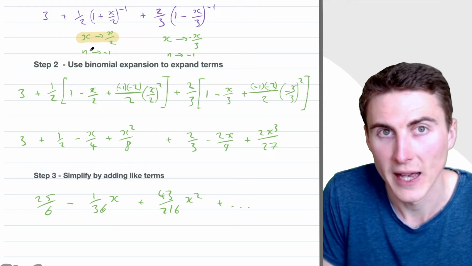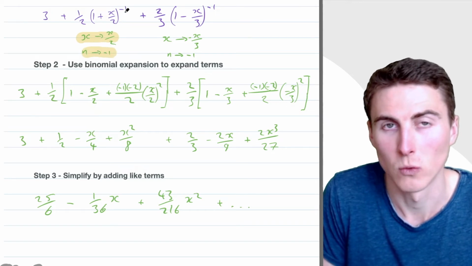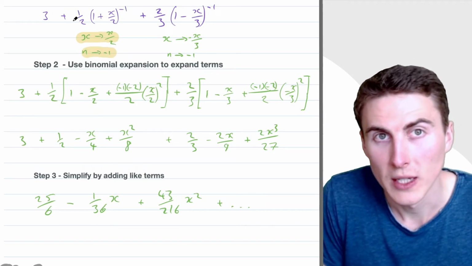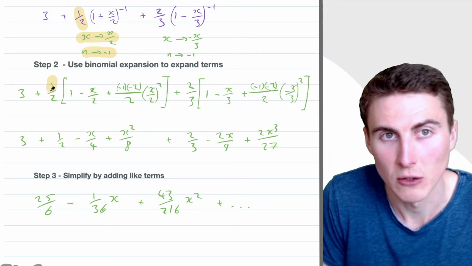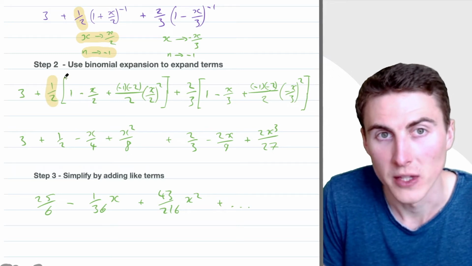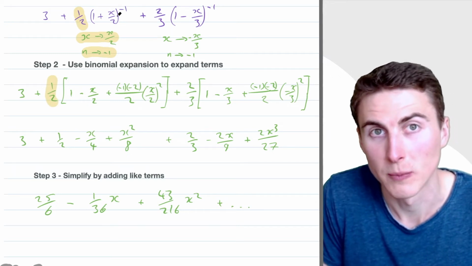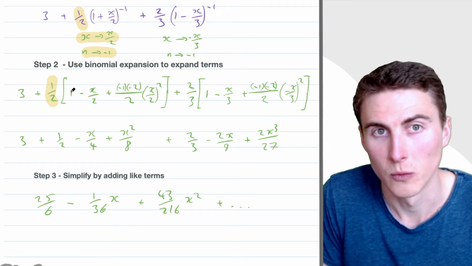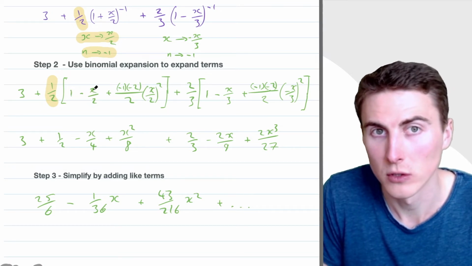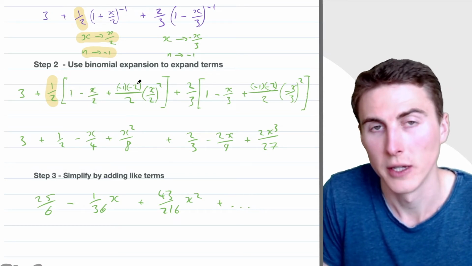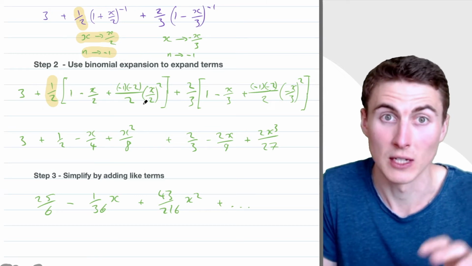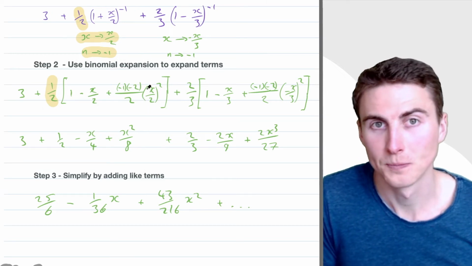And my n up here is this minus 1. So I keep this half on the outside of the bracket. And then in big square brackets, we need to expand this. So our first term would be 1. Second term would be x over 2 times minus 1, so minus x over 2. And then so on, we expand all this. Remember, you get given the formula for this, so you don't have to remember it.